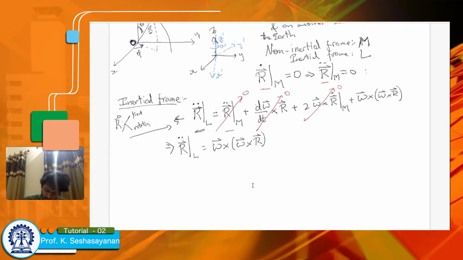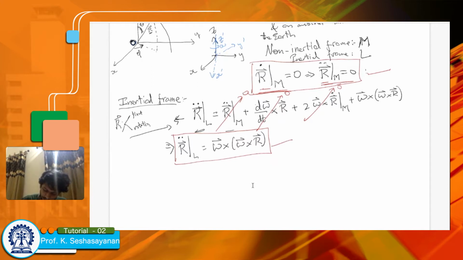So this is the evolution equation for R vector in the inertial frame. You can use just this equation, and it eventually gives the same thing as here. This is in the non-inertial frame. This is the evolution equation in the inertial frame.